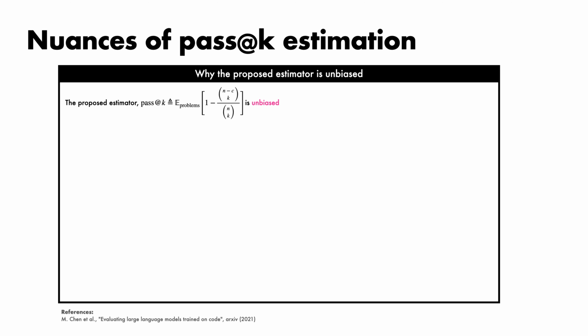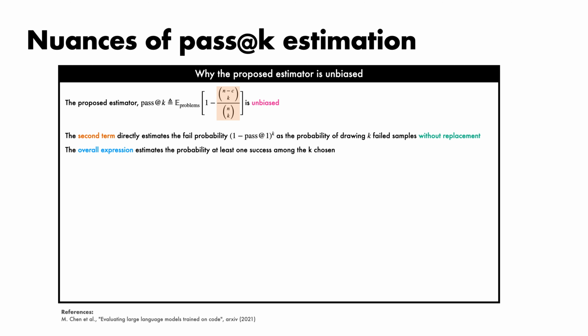We can show this by showing that the second part of this term, highlighted here in orange, directly estimates the fail probability, (1 minus pass@1) to the power of k, as the probability of drawing k failed samples without replacement.